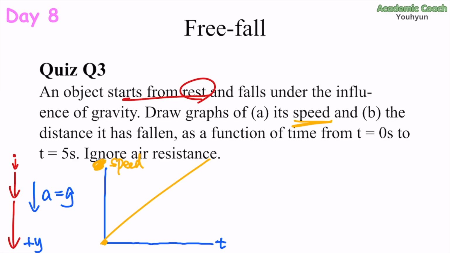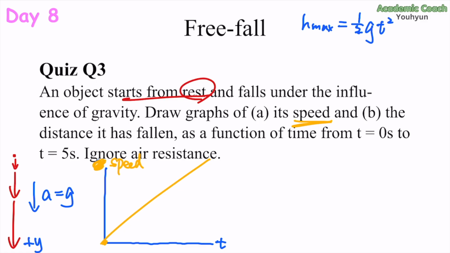Now we need to draw the distance it has fallen as a function of time. So the physics quantity related to distance would be displacement. And for displacement, we know that we can use that free fall trick, H max is equal to 1/2 gt squared. So this is usually used when an object is tossed upward until it reaches max height.